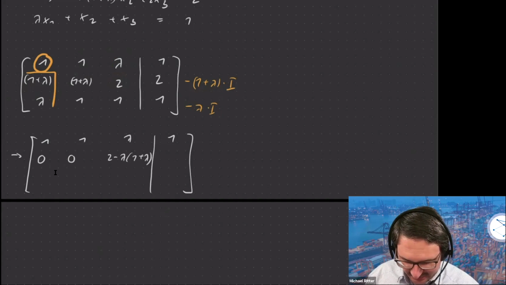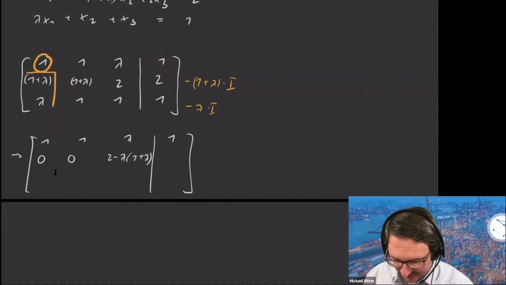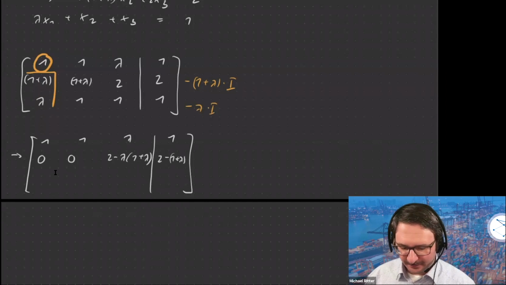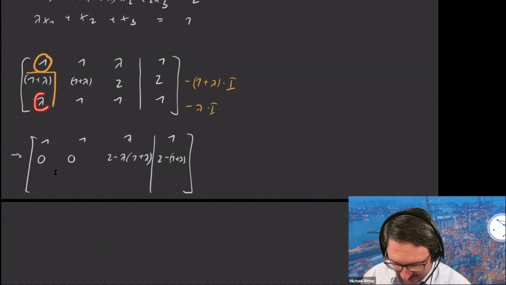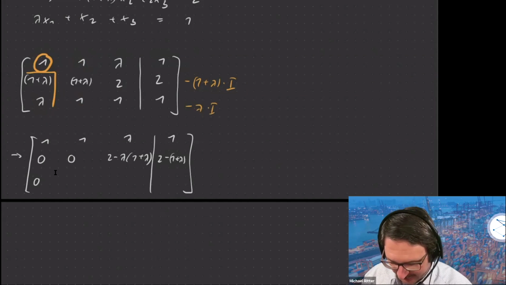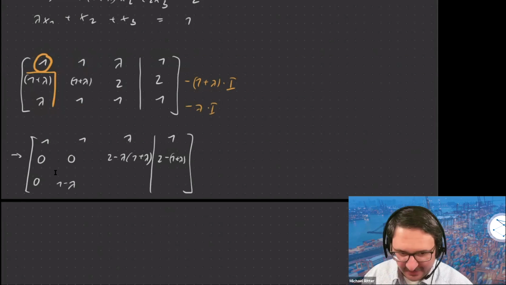And for the right-hand side, we again have a 2, and here we have 1, so that's 2 minus 1 plus lambda. And for the last row, here's lambda minus lambda times 1, that is 0. Here we have a 1 minus lambda times 1, so that is going to be 1 minus lambda.